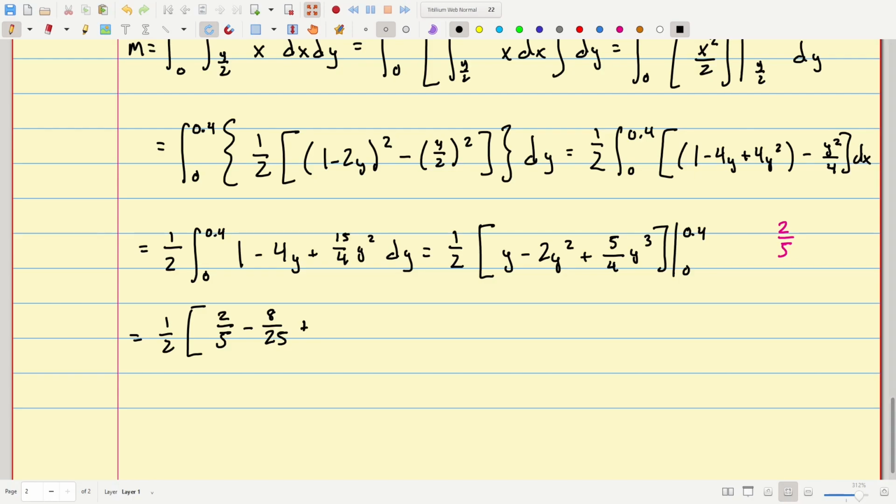And then we're going to have 2/5 cubed. So that's going to be 8 over 125. Okay, and then we simplify.